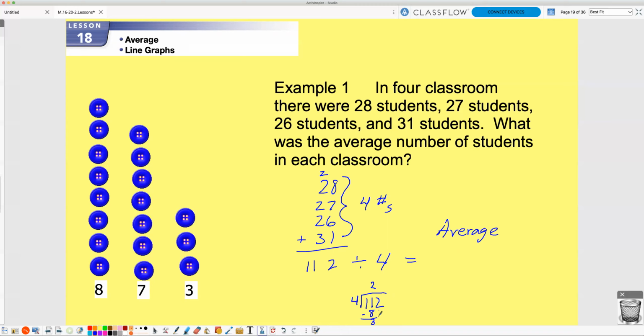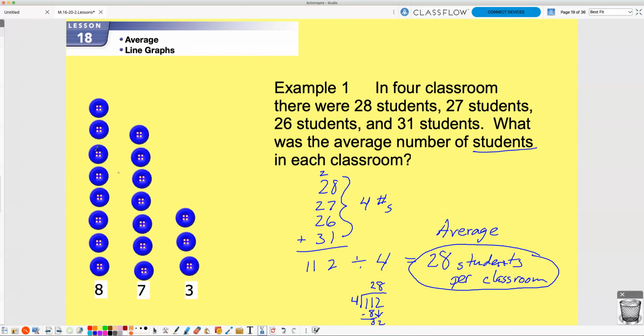That'd be 3, bring this 2 down. I'd end up with 32 divided by that, 28. So the average is 28, and then we're talking about students here. 28 students is the average in each classroom. So 28 students per classroom would be the best label.